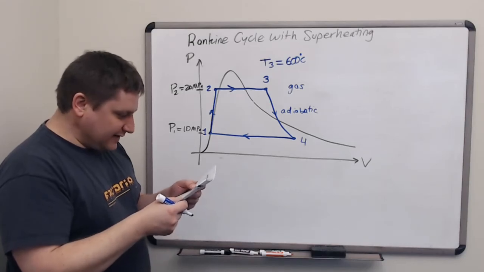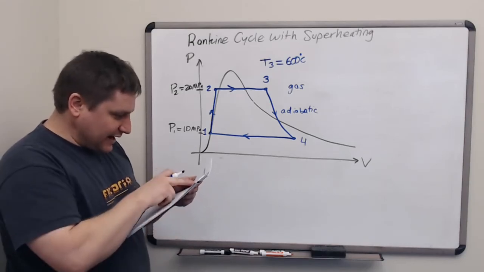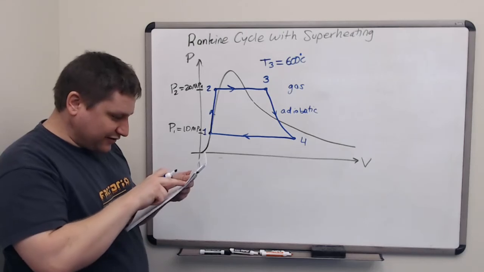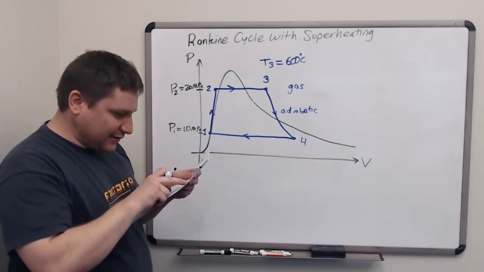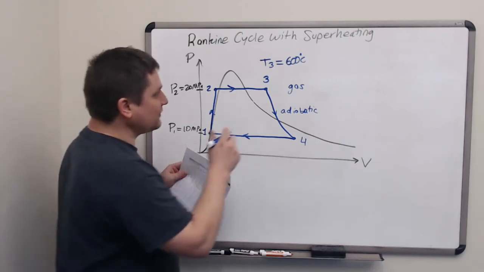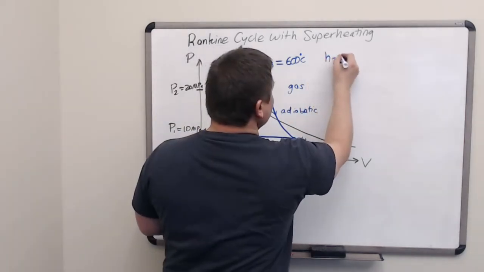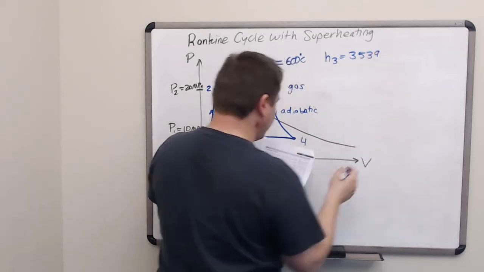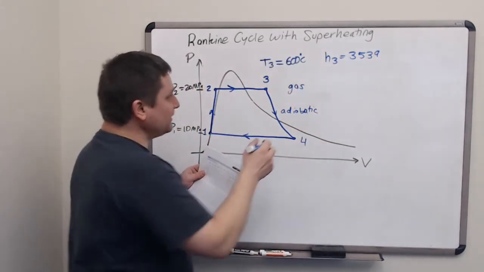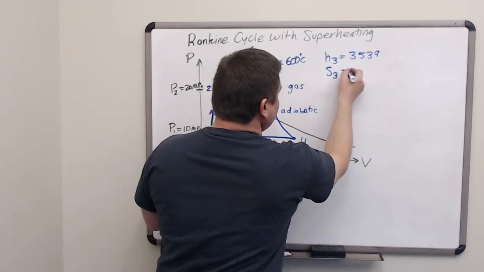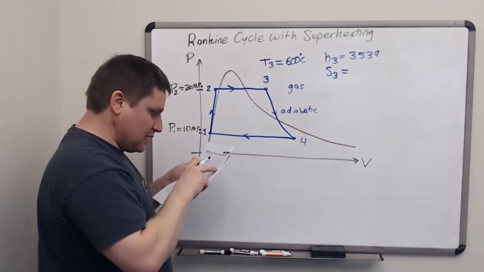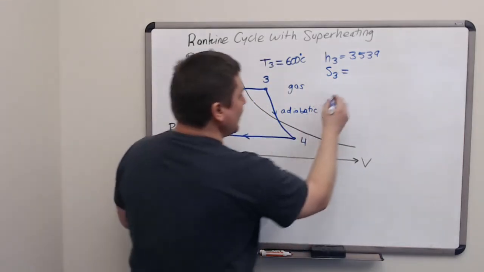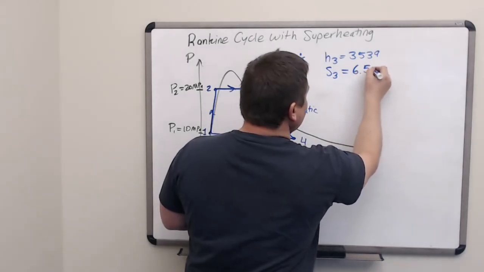The steam table A6 then tells us that at that temperature and at that pressure, steam would have an enthalpy of 3,539 and an entropy of 6.5075 in the appropriate units.